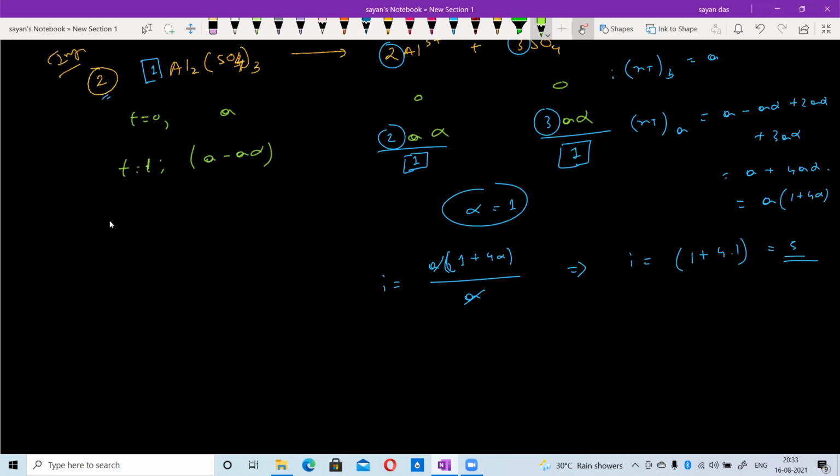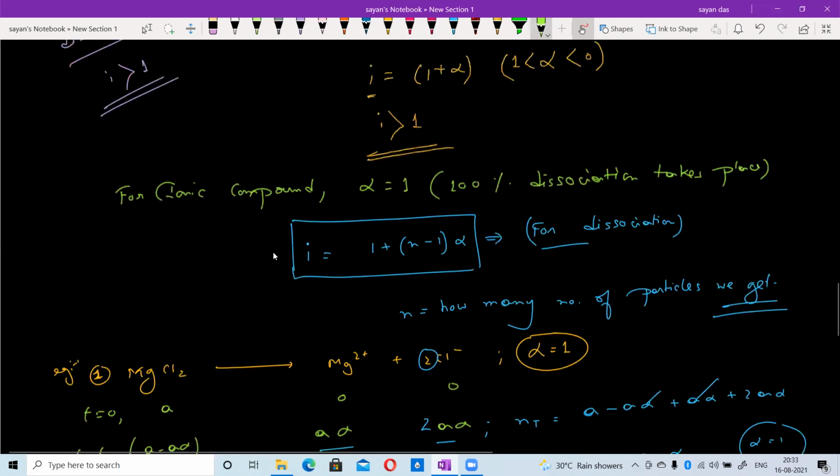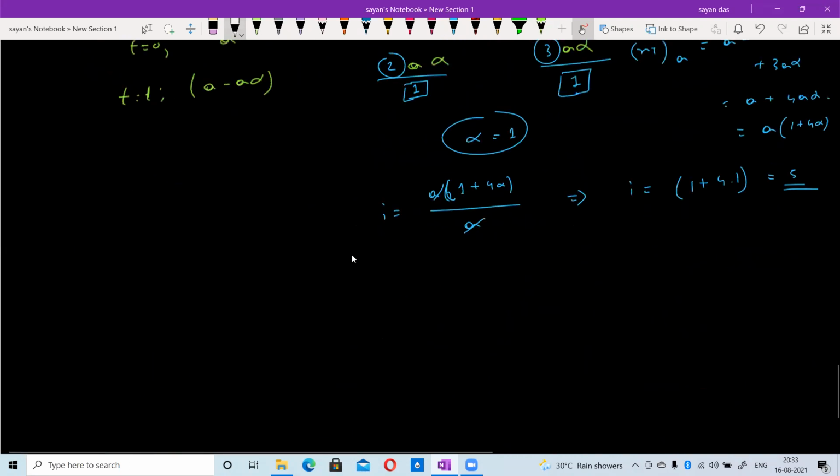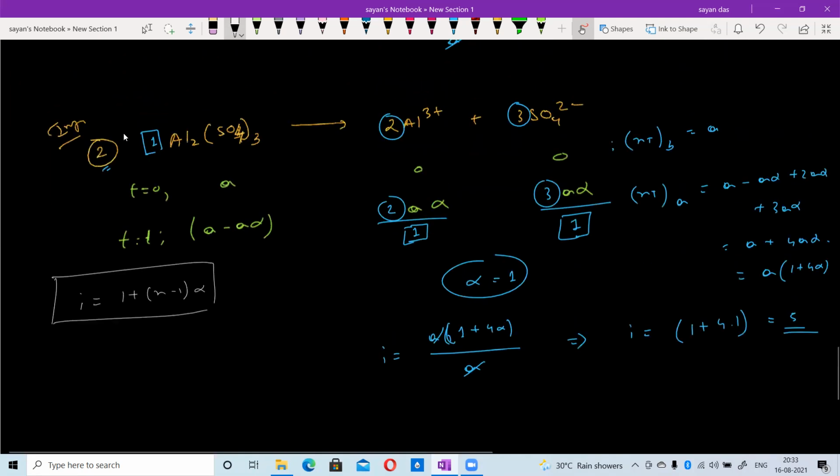Now, how to apply the formula? The formula is i equals 1 plus (n minus 1) alpha. Without writing out the whole table, because that takes a huge amount of time, look: after dissociation, how many total moles of ions do you get? 2 aluminum and 3 SO4 2-, so the n value is 5.